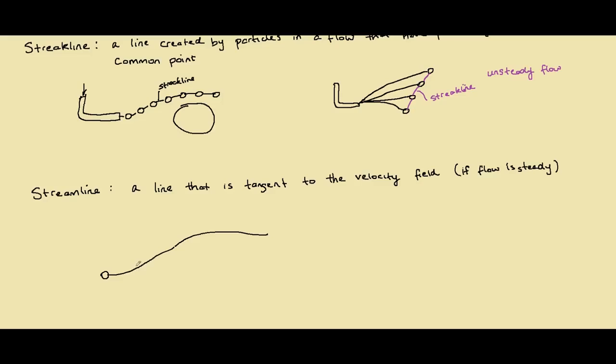The velocity field at, say, this point, this point, this point is tangent to the movement. So the streamline is basically a line that joins all these velocity vectors at their instantaneous points.